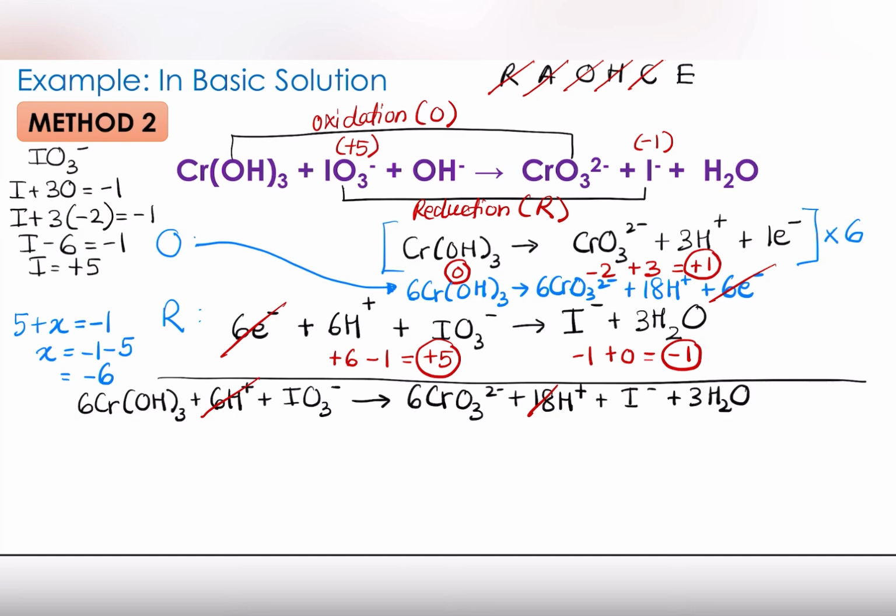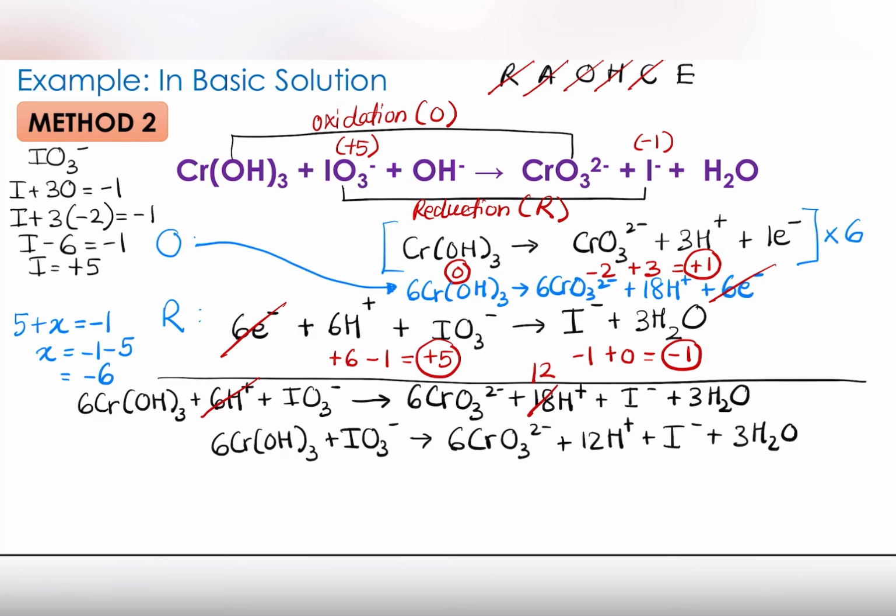So di sini tinggal 12. Okay. So, I'm going to change my equation right now. So, kalau nak cantik, copy balik. 6CrOH3 plus IO3 minus equals to 6CrO3 2 minus plus 12H plus I minus plus 3H2O.